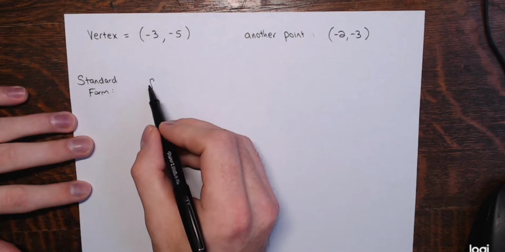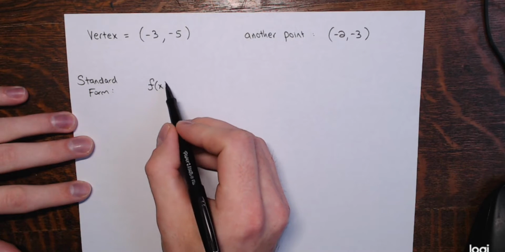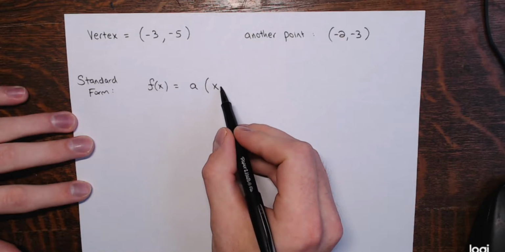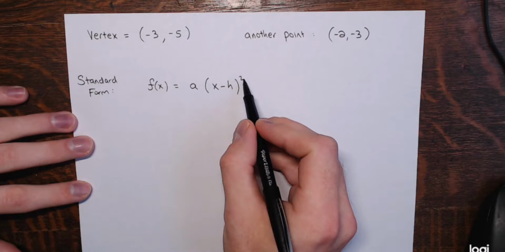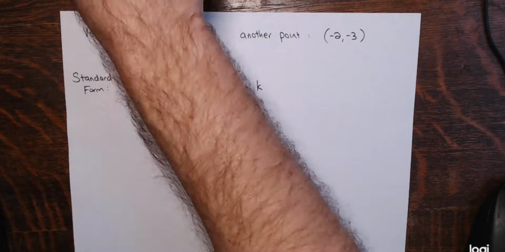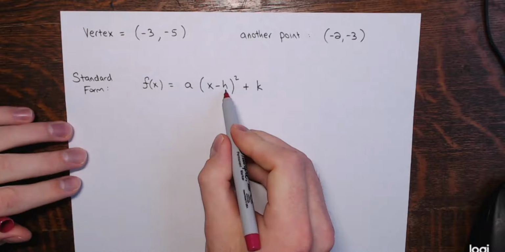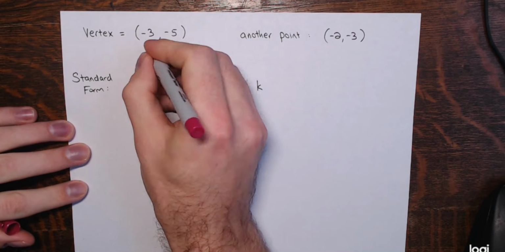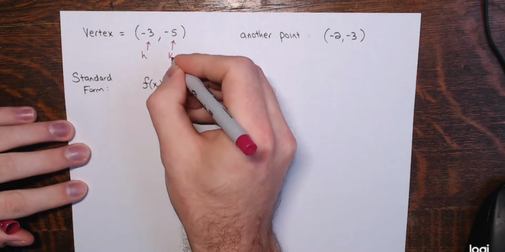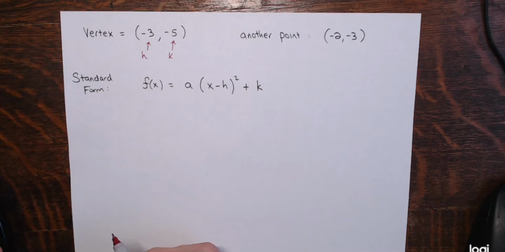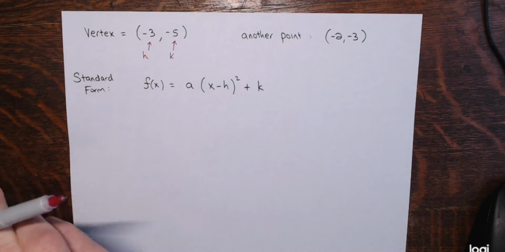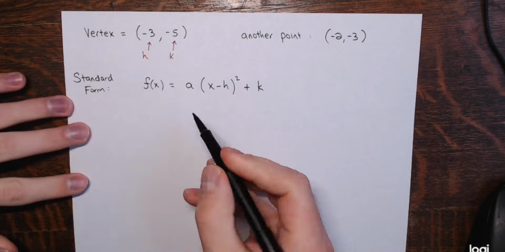We have f of x or y equals a times the quantity x minus h squared plus k, where h and k are these coordinates of the vertex. So h, right, is the x coordinate of the vertex, -3, and the k is the y coordinate of the vertex, -5. So I put those in.